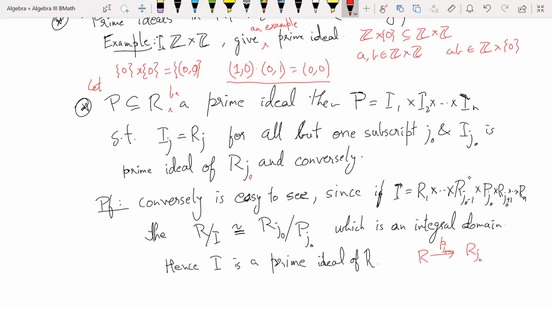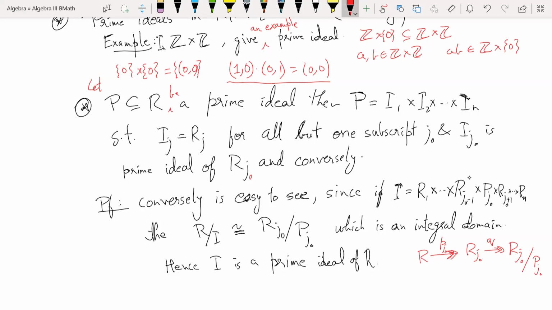This is a surjective ring homomorphism. And from here you also get another surjection to R_j0 mod P_j0, which we called the quotient map, because you are taking the quotient of this ring by this ideal. Both are surjective, so if you compose these two ring homomorphisms, you'll get a surjective ring homomorphism.